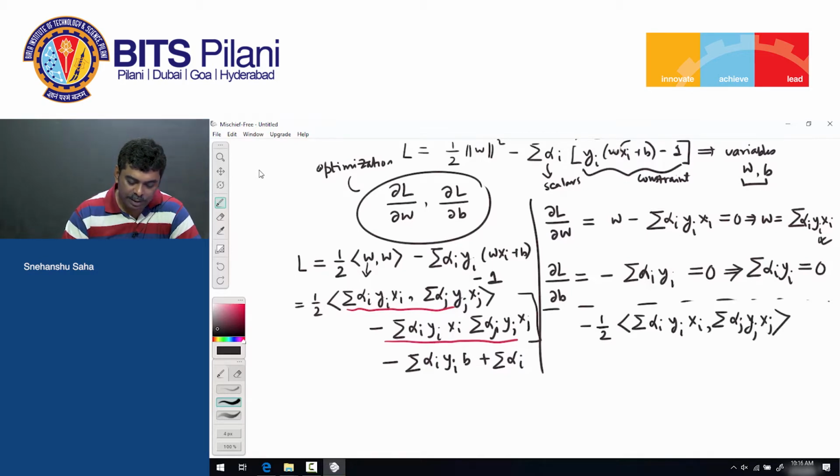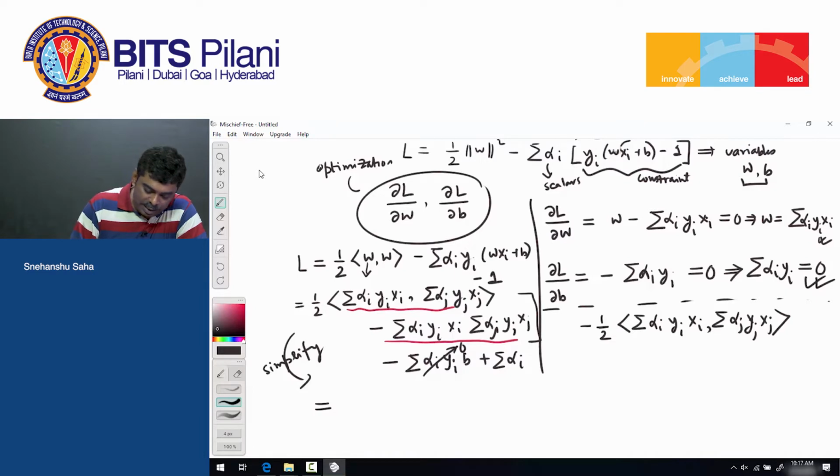And then we also know that the summation of alpha i yi, because b does not have an index, you can pull b out of the summation sign, and summation alpha i yi is 0. We see that here from here. So plug that condition in, and this term will vanish.